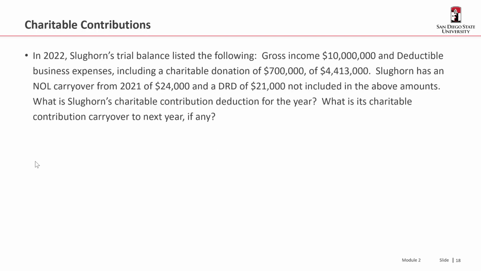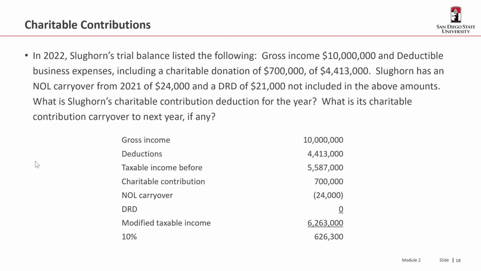In the second version, what you'll see is we're going to give you the delineated expense and income items. So gross income is $10 million, business expenses, including a charitable deduction of $700,000, are $4,413,000. I have an NOL carryover and a DRD of $21,000. We have to do the same calculation, but we do it slightly differently, right? We don't start with taxable income and reconcile.